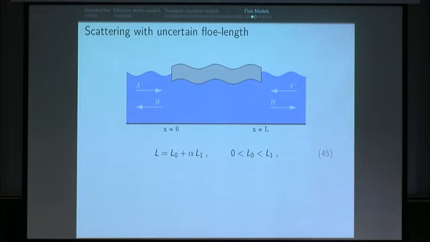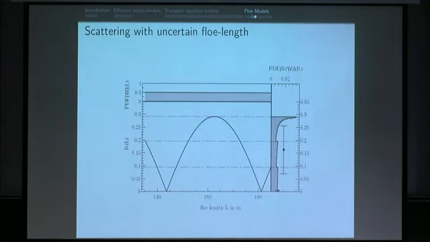So let's say we have a floe and we don't know its length exactly. We say, okay, length is some L0 plus alpha L1, and alpha is a random variable for which we only know the distribution. Now, for example, the floe size distribution, right? So we have an input distribution, here a uniform distribution. Then in the linear problem, the reflection coefficient depends on the floe length in a pretty simple way.